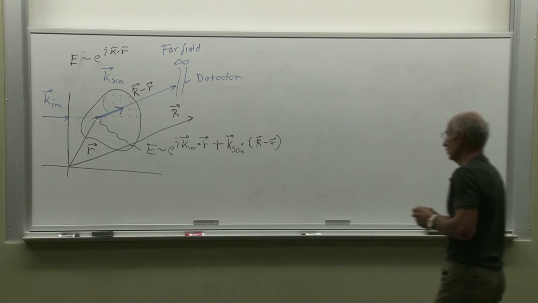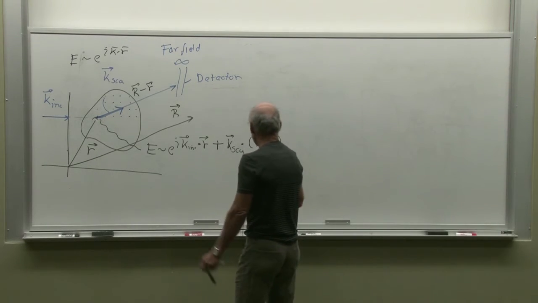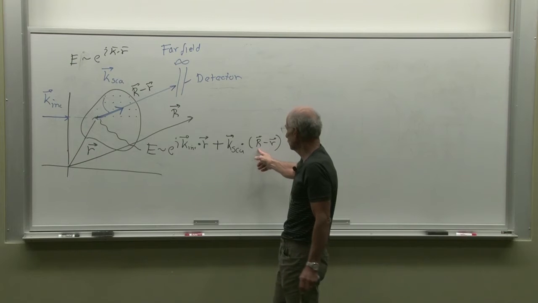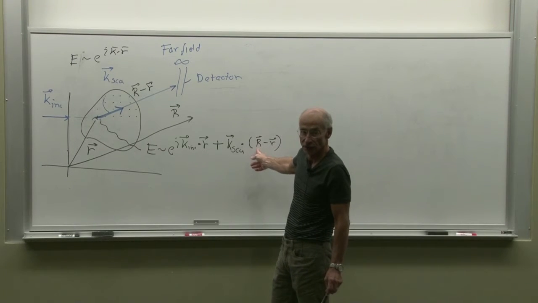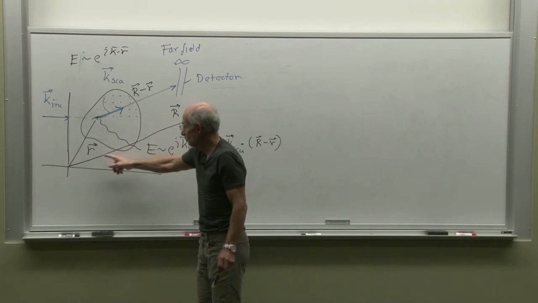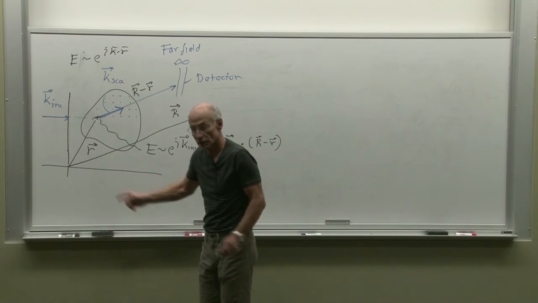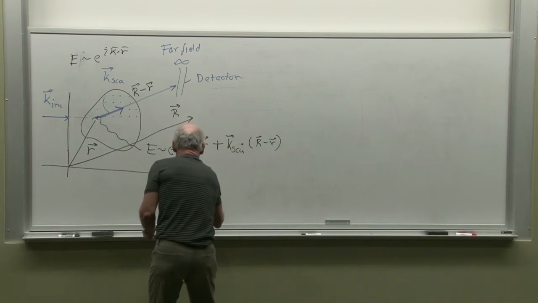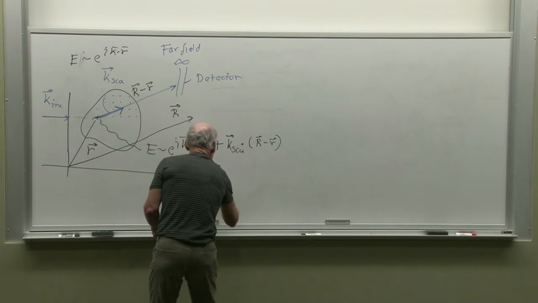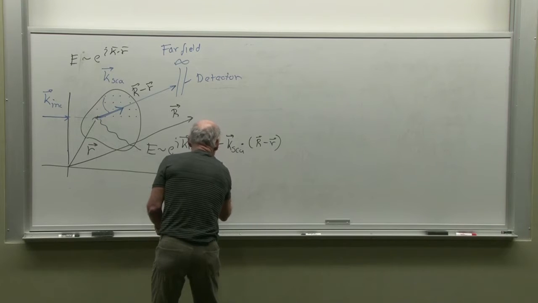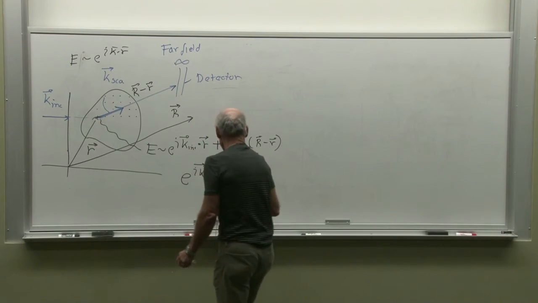Now I'm going to rearrange terms. Now it's algebra. I'm going to pull out the position vector of the detector, much like I did before. I don't really care where the detector is. What I care about is where all the little point scatterers are. So e to the i k scat dot R, and who cares?